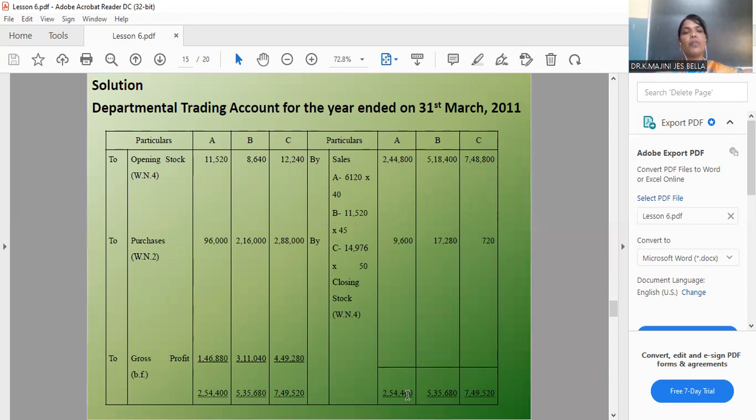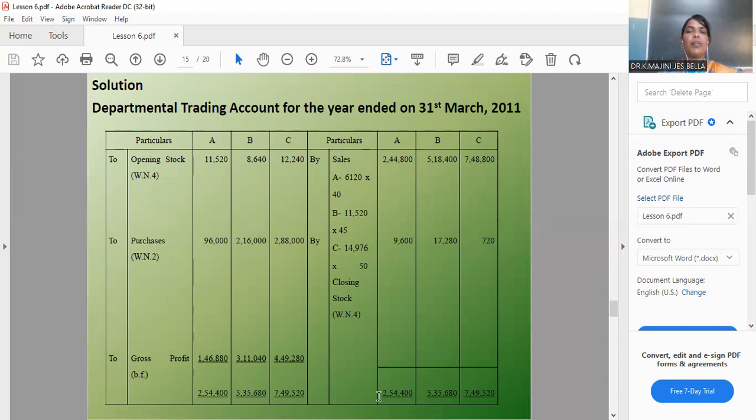How much is the gross profit? When you are subtracting 2,54,400 minus 11,520 and 96,000, you will get the gross profit 1,46,880.